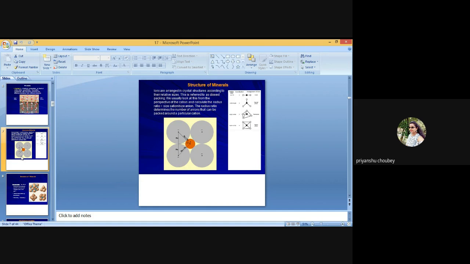These are called the parameters of the crystal. These are the dimensions of the unit cell.